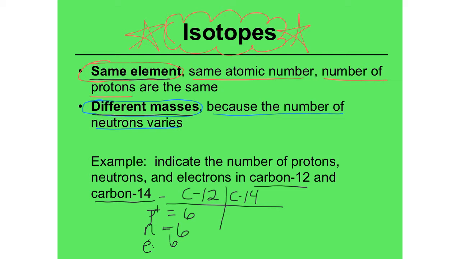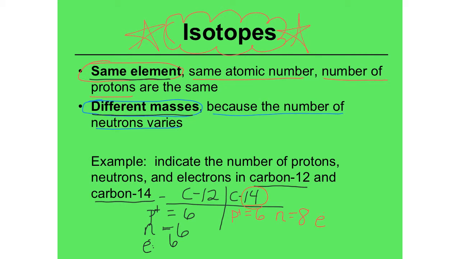Now in carbon 14, the protons would still be equal to 6 because its atomic number is 6. The neutrons would be equal to 8 this time because the protons plus neutrons have to add up to the mass.